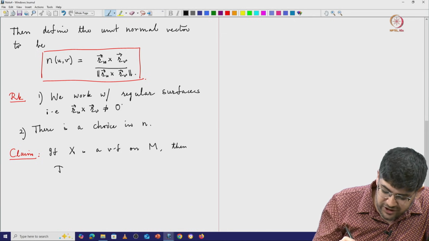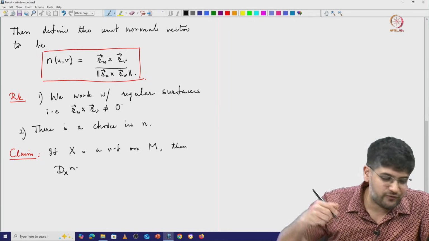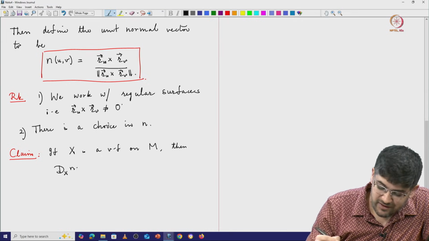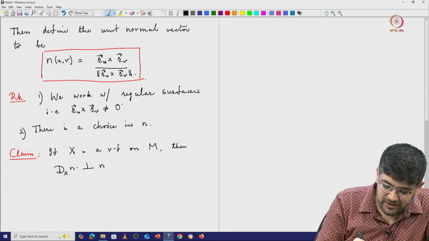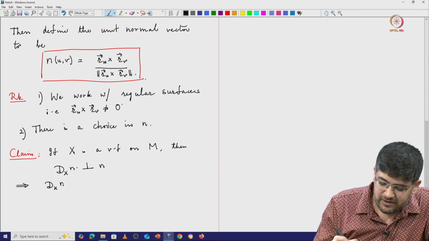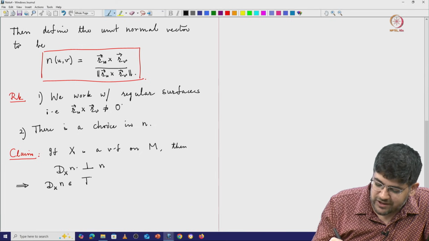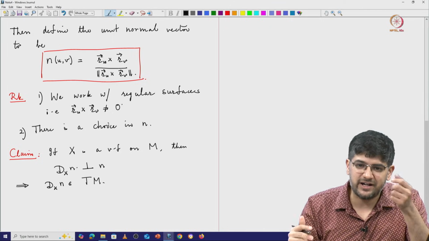then if you differentiate the normal vector in the direction of x, that is always going to be perpendicular to the normal vector. In particular, this implies that this is always going to be in the tangent space to M, right, because in R3 there are only 3 directions.